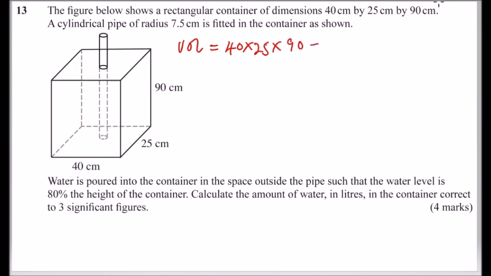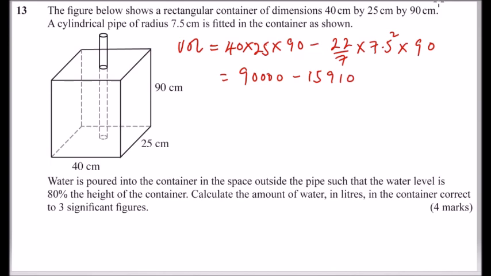You subtract the volume of the pipe, which is the base area, pi r squared, 22/7, where r is 7.5 squared, multiplied by the height, which is 90. When you work that out using the calculator, you should get 90,000. You subtract, and this will give you 15,910.